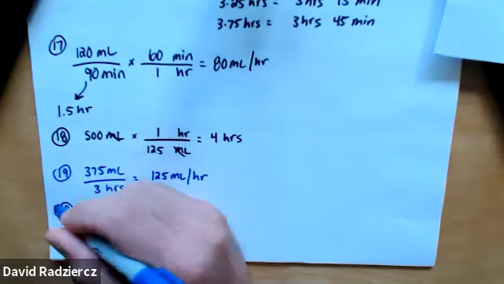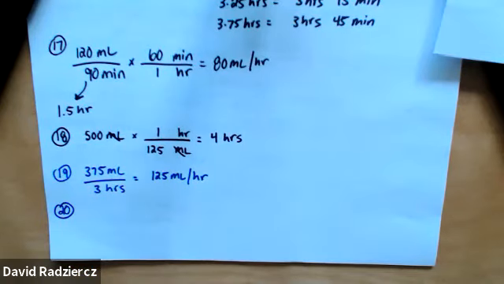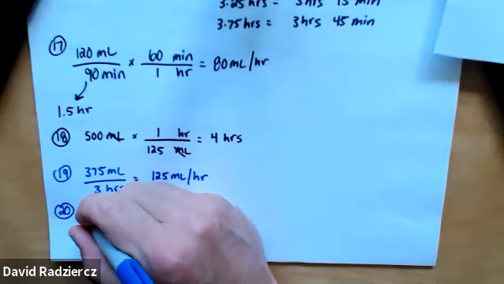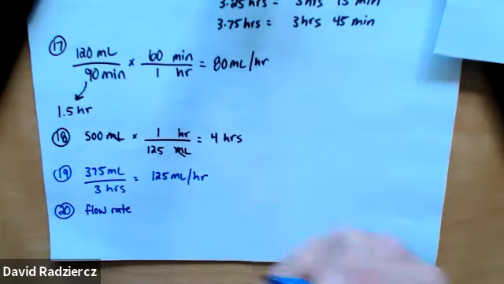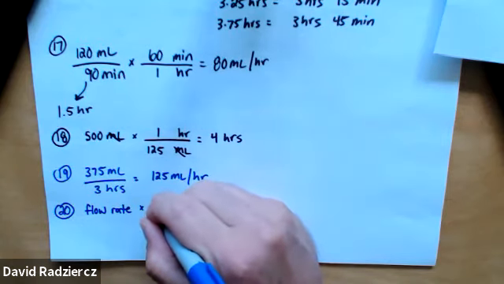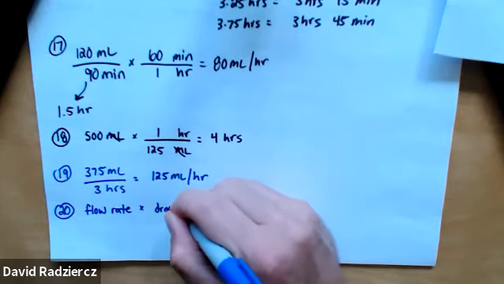And then finally, 20. Question 20 says the physician ordered 1440 cc's of dextrose 5% normal saline to be infused over 12 hours. If your tubing is labeled as below, what will the flow rate be in drops per minute? I think this is new for you this semester, but in order to calculate drop rate, I need to know 2 pieces of information: the flow rate and the drop factor.